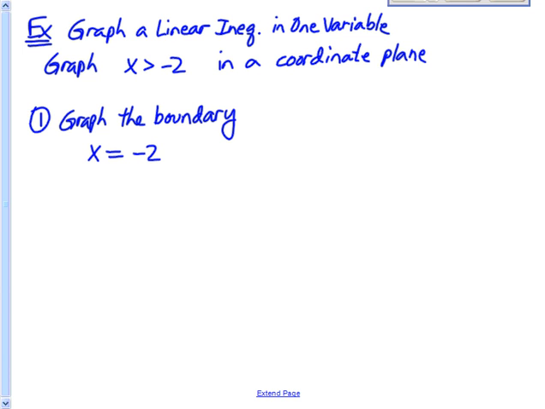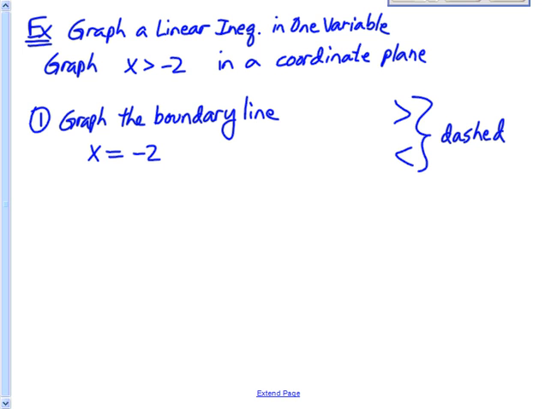But this is just the boundary line. You have to determine whether you're including all the points on the boundary line. If you have a greater than or equal to, or a less than or equal to, you make the boundary line solid.